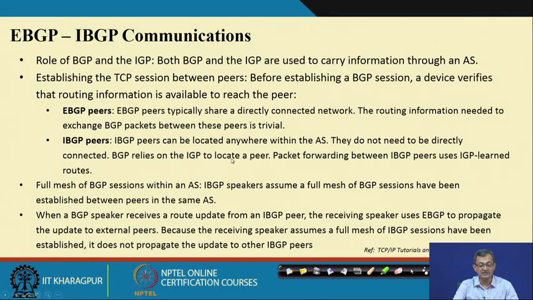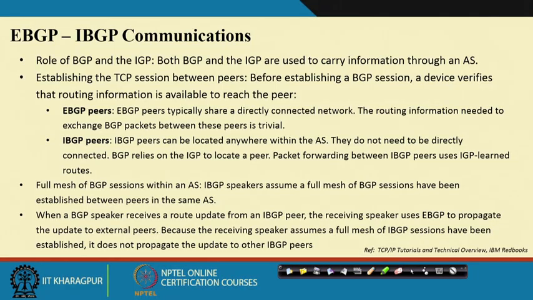BGP relies on the IGP, the interior gateway protocols, to locate a peer. Packet forwarding between the iBGP peers uses the IGP routes. That means the OSPF or RIP information is being used by BGP.